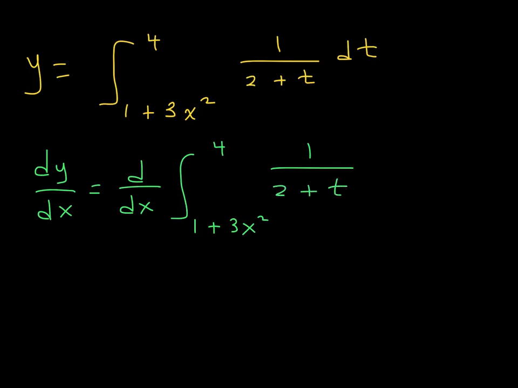All right, so there's a few things that we're going to do here. First of all, we want to swap these limits of integration. What that's going to produce is a negative sign. So let's go ahead and do that first.